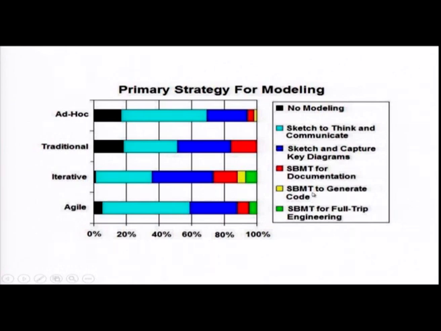We have had good tools and techniques for documentation, for generating code and for full trip engineering, but they have not come into focus. In summary, until UML came, until a case tool for UML came, we were not at all confident of this idea called modeling. Case tools have greatly enhanced our capability to address both complexity and modeling simultaneously.